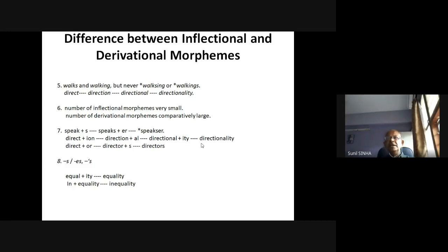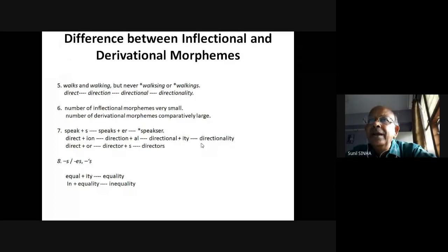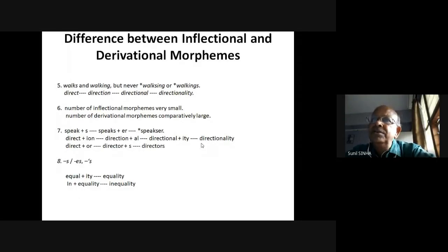Remember this point. All inflectional morphemes are suffixes in English. A suffix means a morpheme which is added to a word at its end, right? As in boys, S comes at the end of the word boy. But a derivational morpheme can be both a suffix and a prefix. Look at equality. Equal, and then we have added ITY. ITY is a derivational morpheme and it is a suffix.